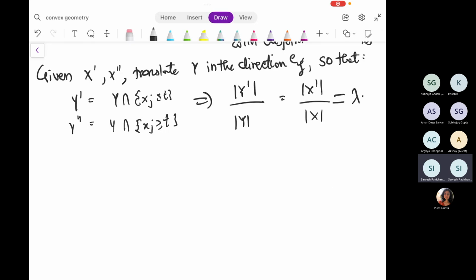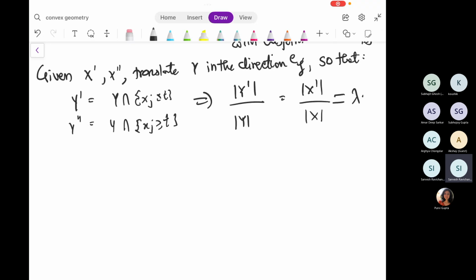So what we do is as follows. Also note that y prime and y double prime are also unions of SCPs. They may still be unions of at most M2 SCPs. So that doesn't change as you translate, right? Because of the same logic that even if it's divided, it's at most one box on each side.